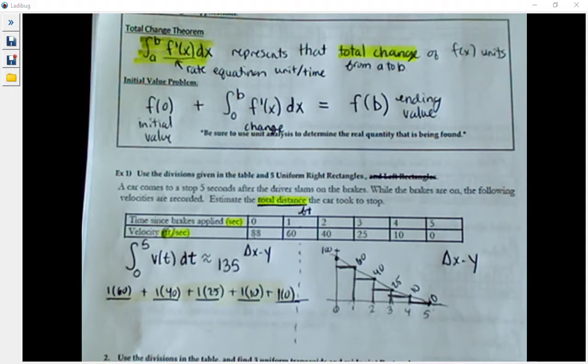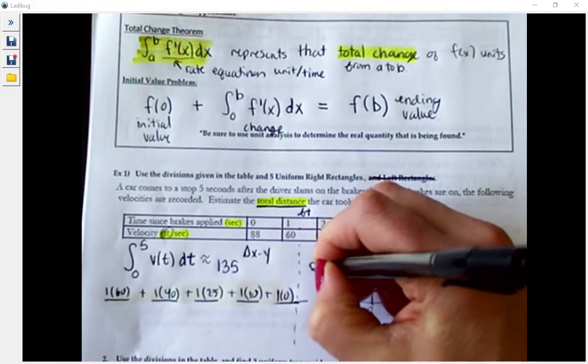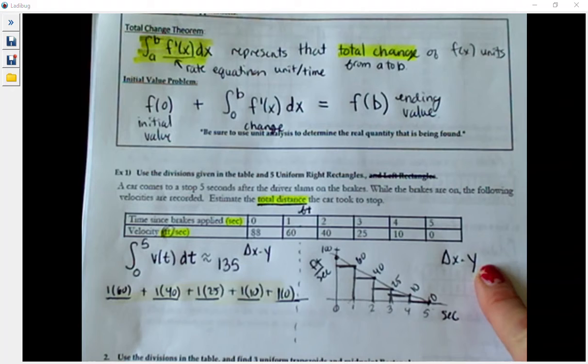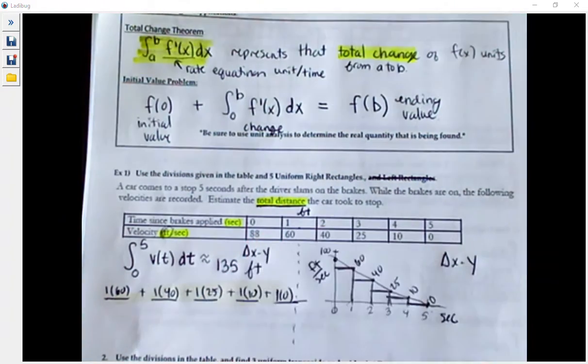135. Now, you need units, right? Today is about the units. This one was seconds. This side was feet per second. Multiply them because it's the definite integral. You get feet. And then we're going to write the sentence that actually answers the question. Estimate the total distance the car took to stop.